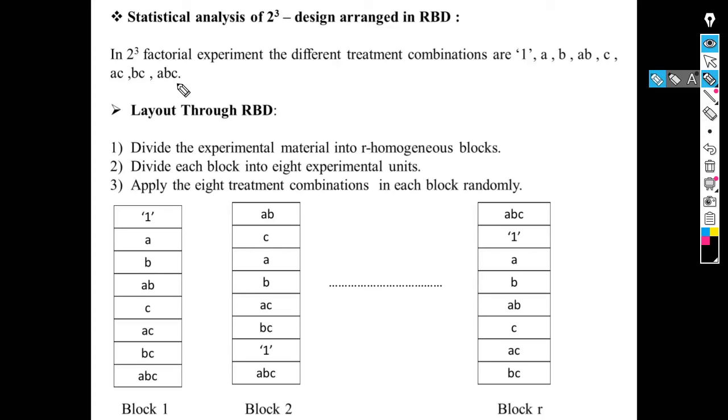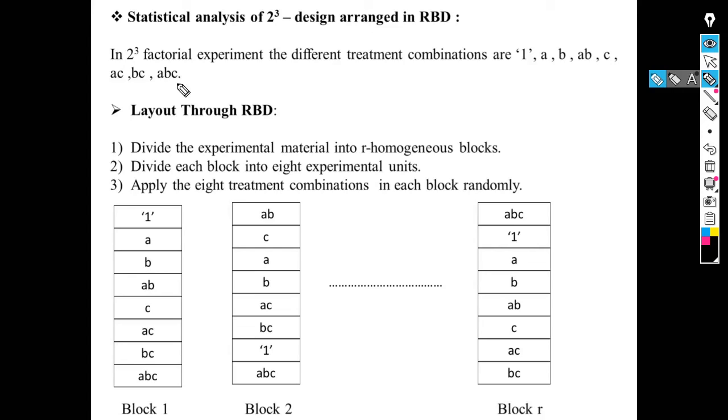Now we will discuss the layout of this design through a randomized block design. We know that in RBD, if we consider T treatments and our material is not homogeneous, then we divide our experimental material into homogeneous blocks, and after that we divide each block into T experimental units.